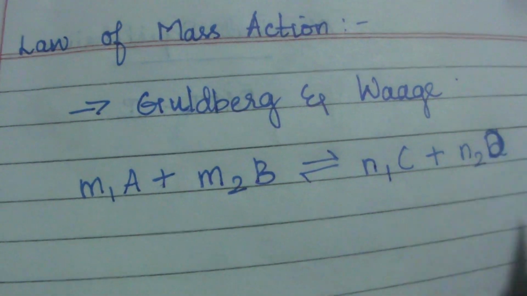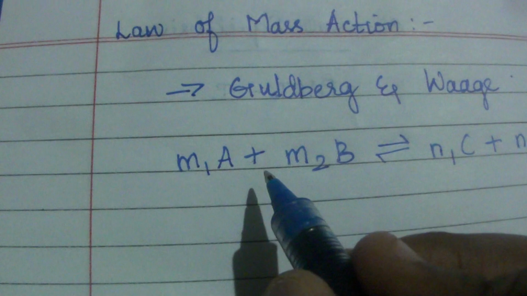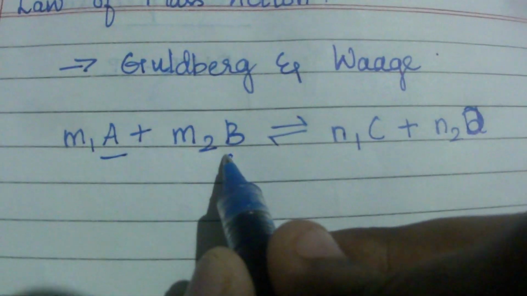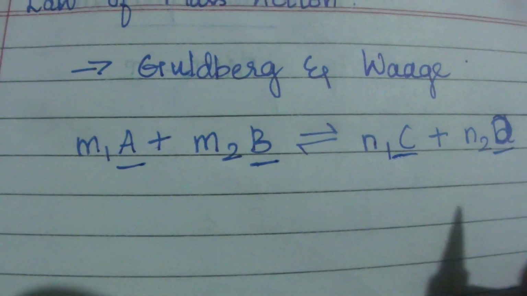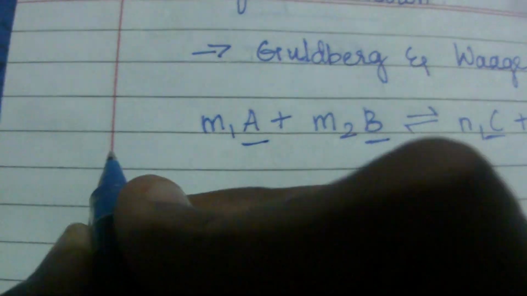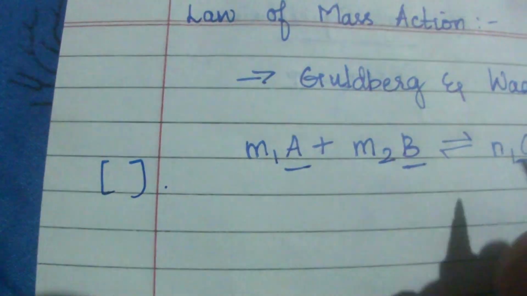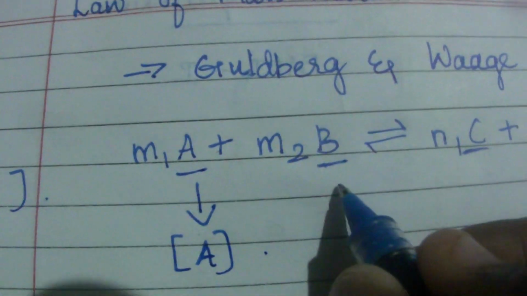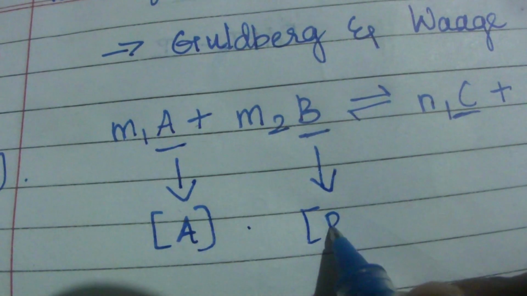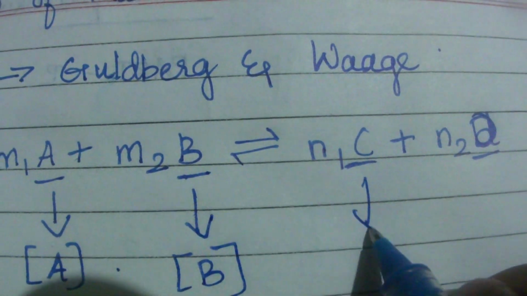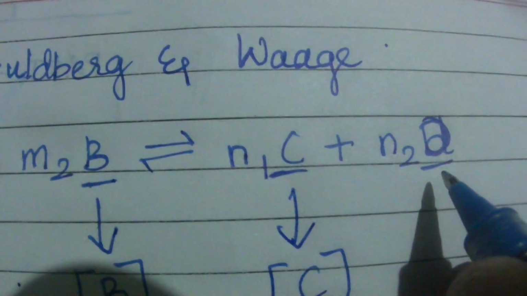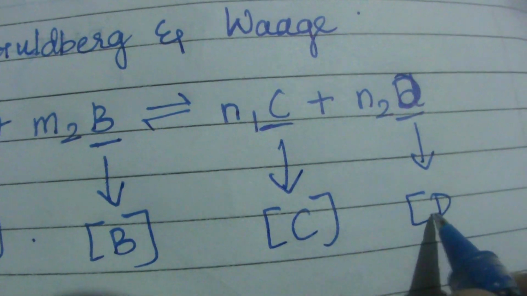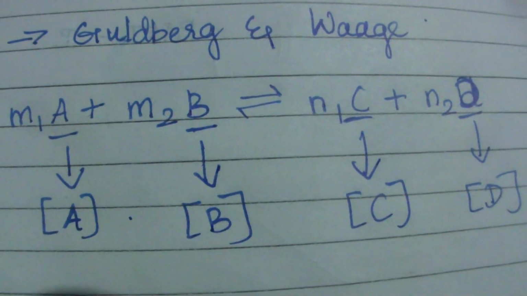Here we have substance A, substance B, substance C and substance D. Whenever we write active mass, we write it in brackets. So for A the active mass is [A], for B it is [B], for C it is [C], and for D it is [D]. These are the active masses of the substances present in this reaction.